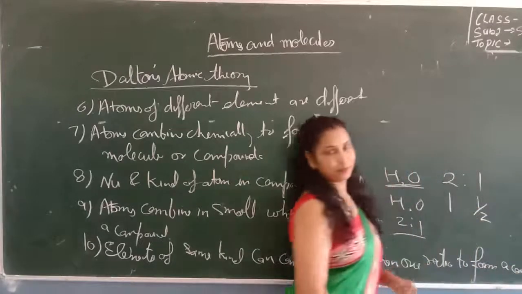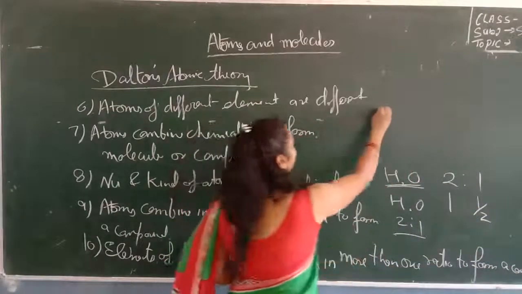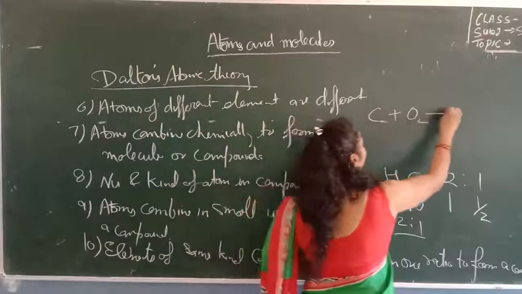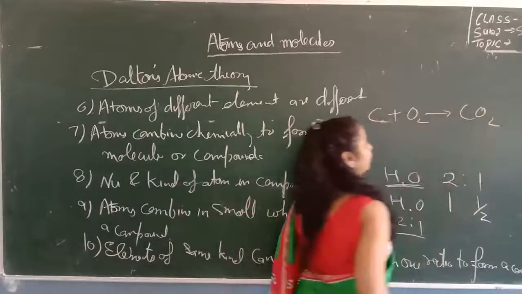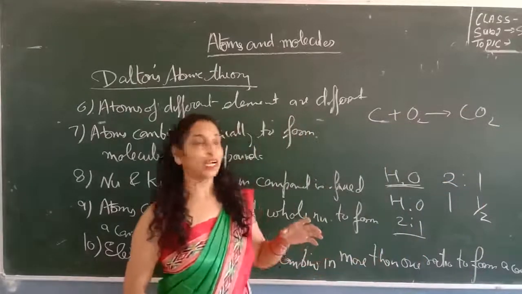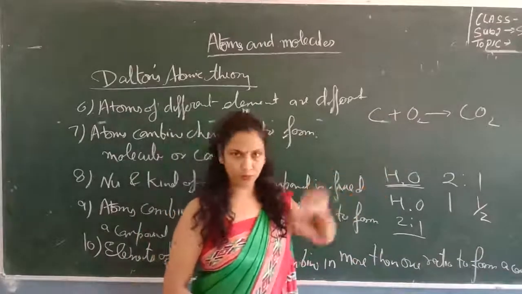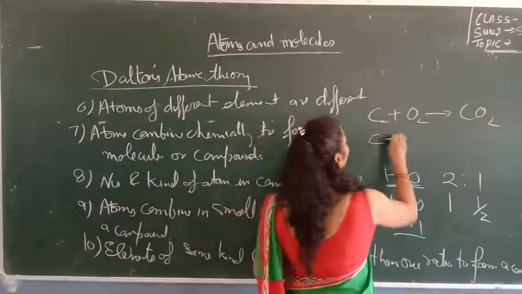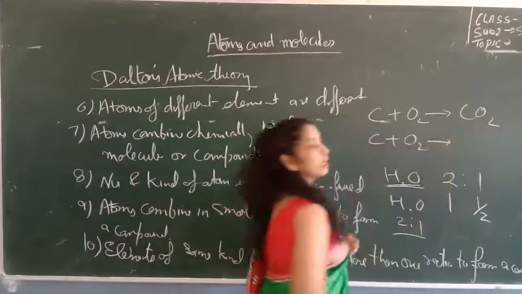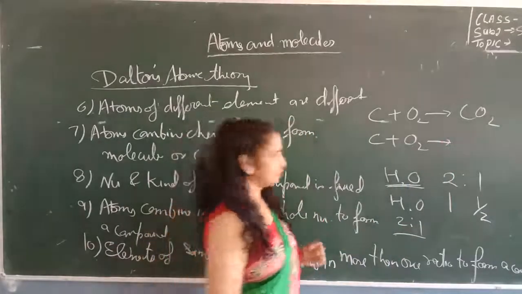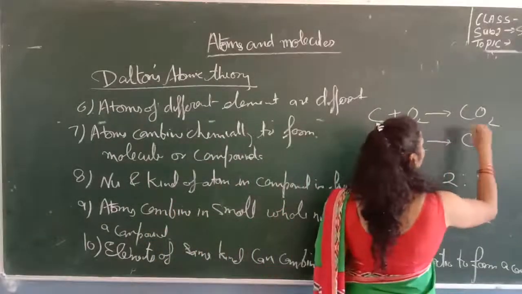It means that, suppose carbon reacts with oxygen, it can form carbon dioxide, where the ratio between the atoms of carbon and oxygen is 1:2. Or they can form carbon monoxide, that is CO.